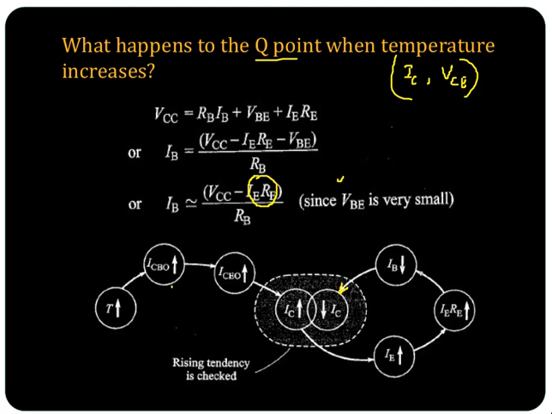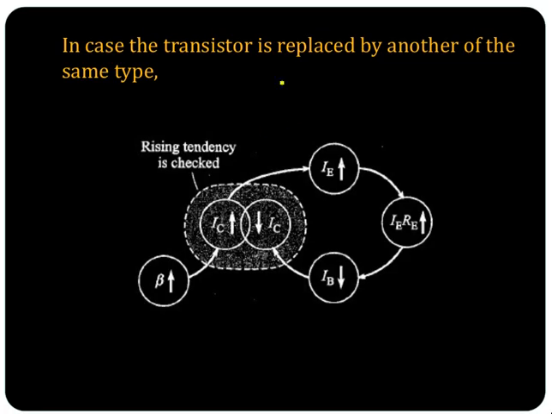Okay, now here you can see that collector current is not allowed to increase to the extent it would have been in the absence of resistance Re. Now what happens when the transistor is replaced by another of the same type, or when beta is changed? That is, you are replacing the transistor with a different value of beta.